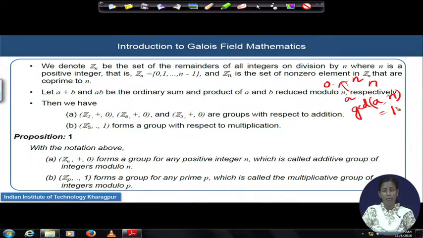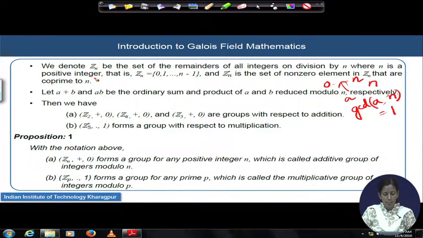If this happens, then we say that a and n are coprime. So, in this situation, Zn star will be the set of the non-zero elements picked up from Zn, constructed in such a way that the elements of Zn star are coprime to n.